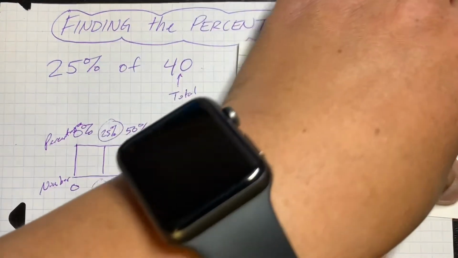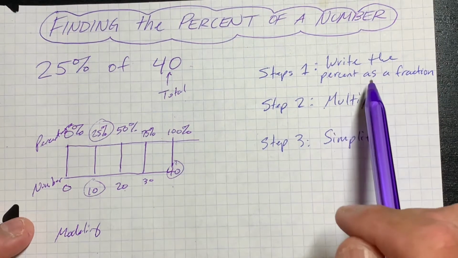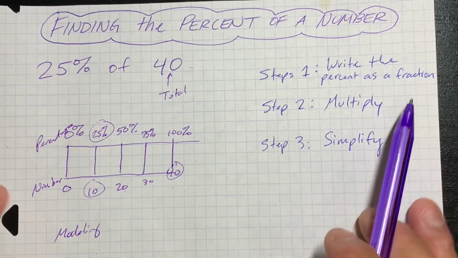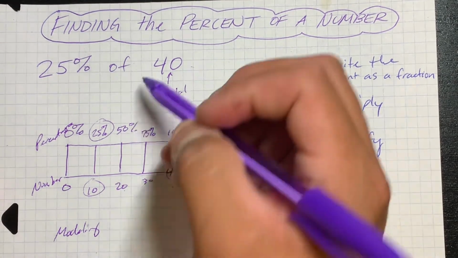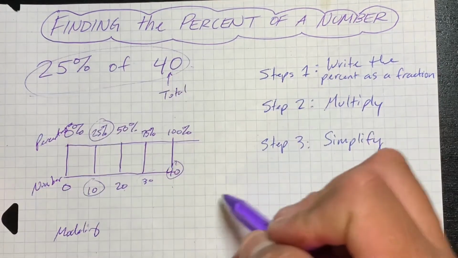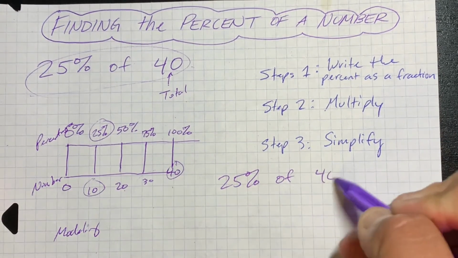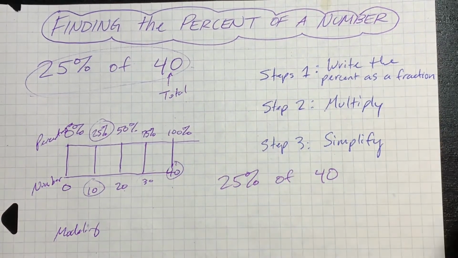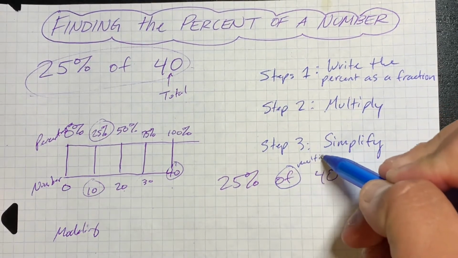However, I do have some steps here for you. The first step, what we can do is write the percent as a fraction, and then we multiply and then simplify. I'm going to rewrite the original problem down here, 25% of 40. Now, really quickly, the word of tells you to multiply.